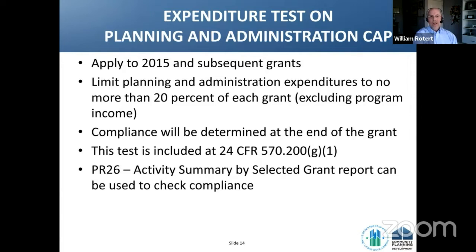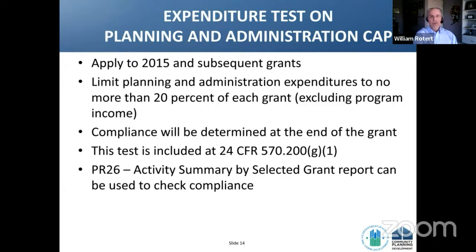Okay, now let's take you into the current period that you're working with, the post-2015 period. And fortunately, in terms of calculating your administrative and planning cap, life got somewhat easier for you with that transition. First of all, these rules, which is your expenditure test, not your obligation test like you used to do in the old days.